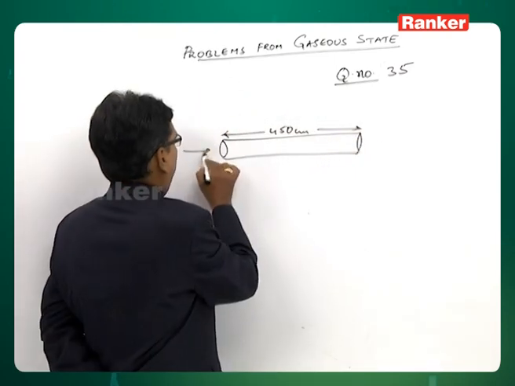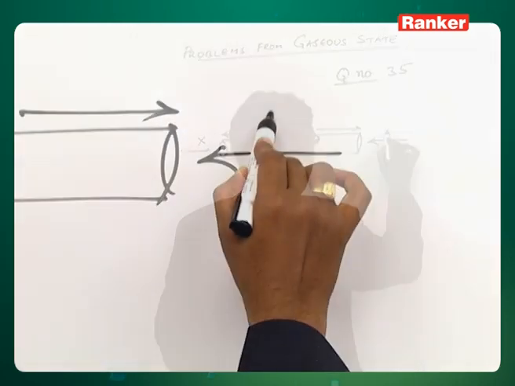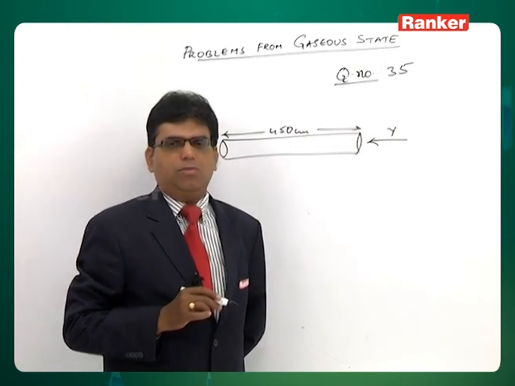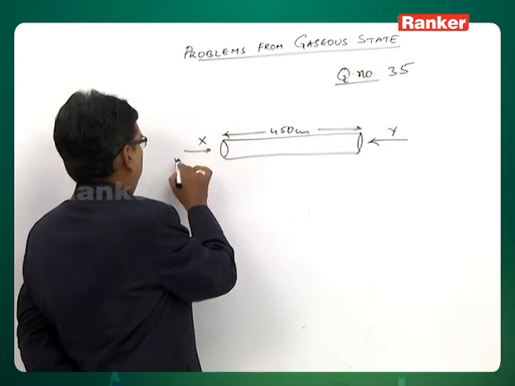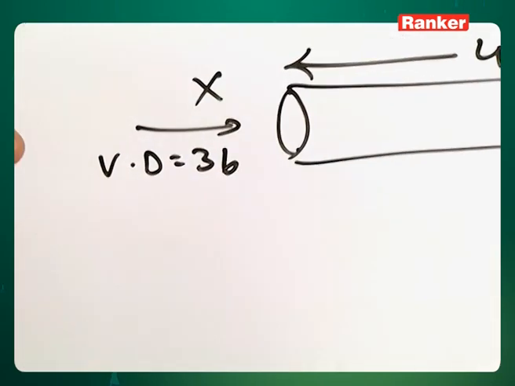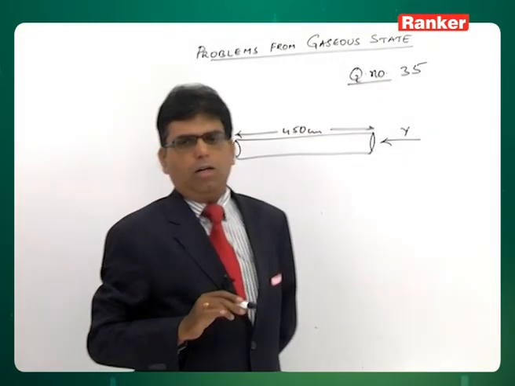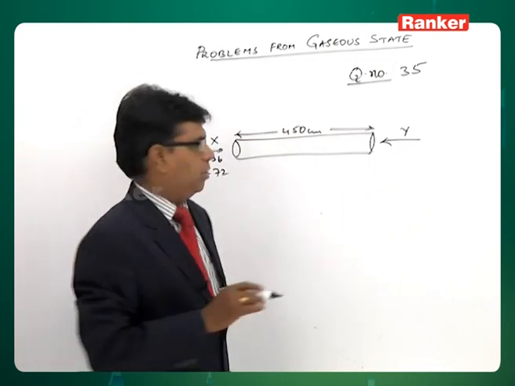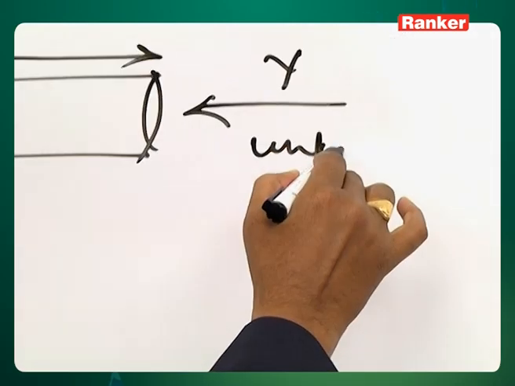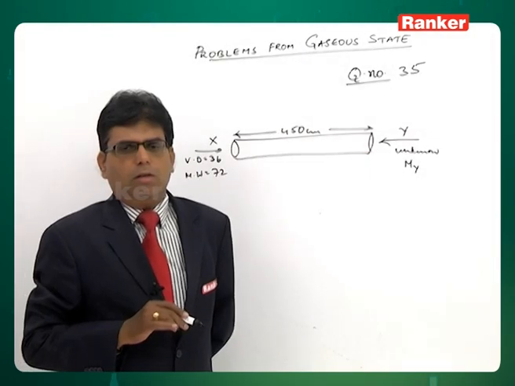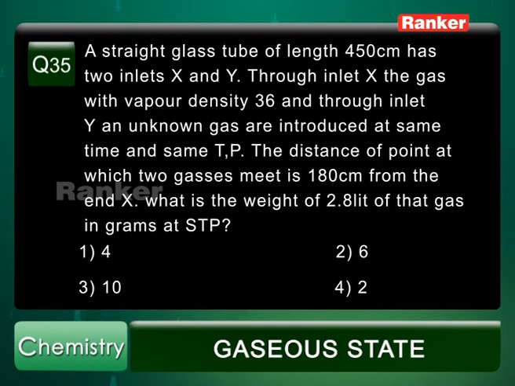It has 2 inlets, one is X and another one is Y. Through inlet X, the gas with vapor density 36, that is molecular weight 72, and through inlet Y an unknown gas, with molecular weight My, I will take it, is introduced at the same temperature and pressure for the same time. The distance of the point at which the 2 gases meet is 180 centimeters from the end of X.